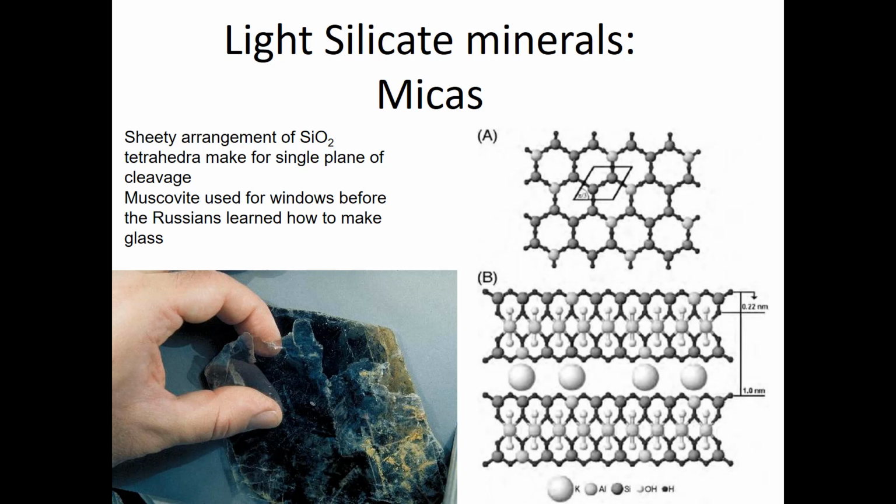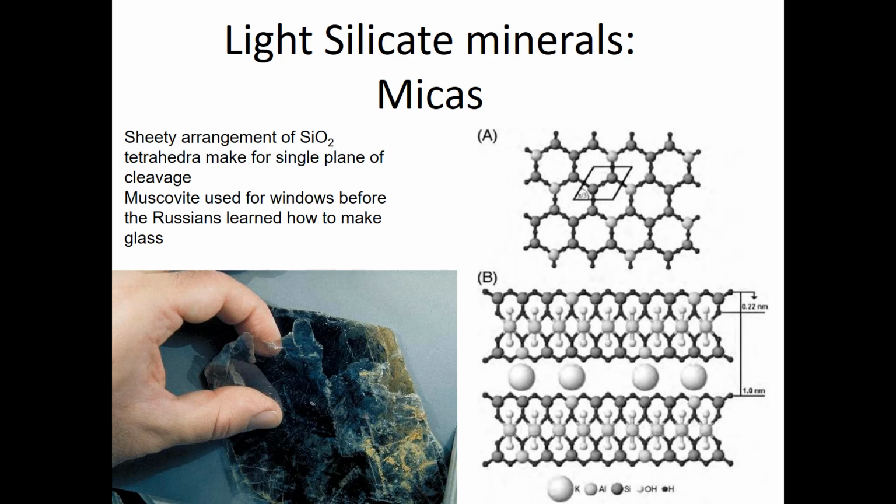Now, sometimes the crystal structure, depending on the conditions, instead of forming a network, the silica tetrahedra, especially in the presence of aluminum, will form broad sheets, leading us to what are known as phyllosilicates, or sheet silicates.